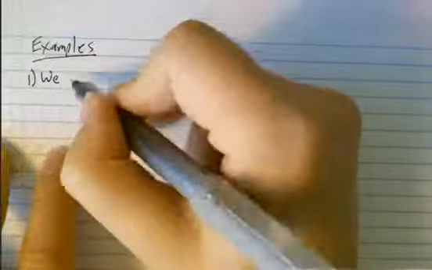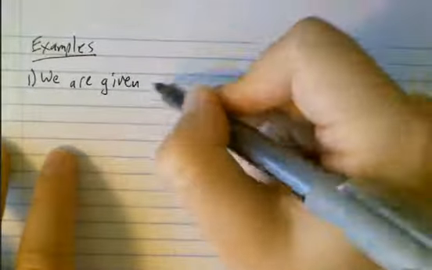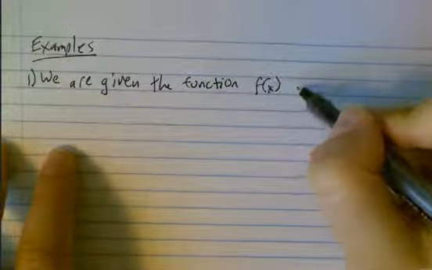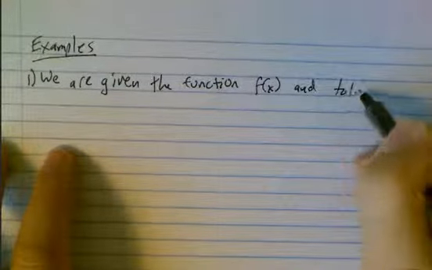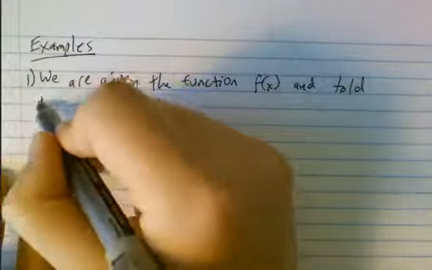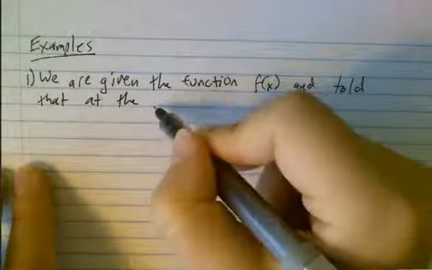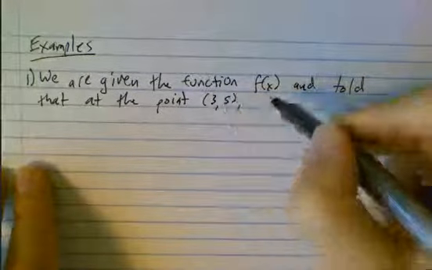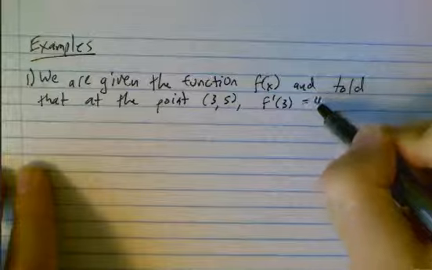Let's do a couple of examples of those. We are given the function f of x and told that at the point (3, 5), f prime of 3 equals 4.